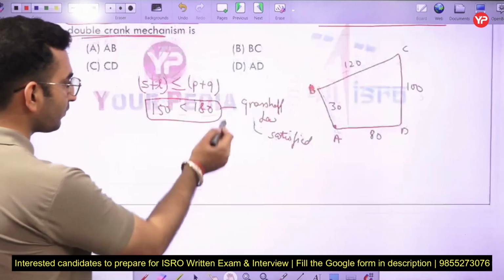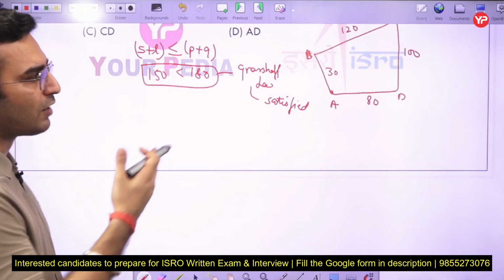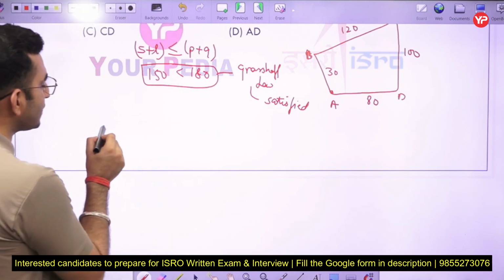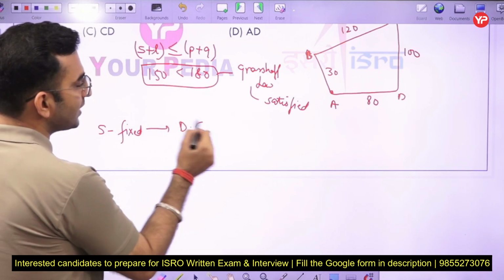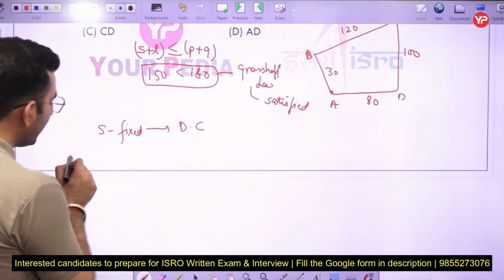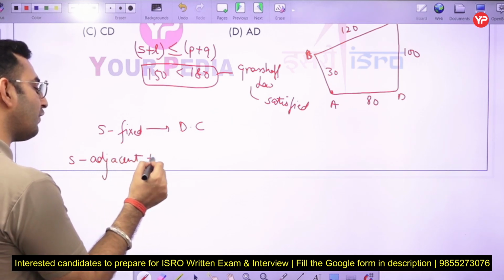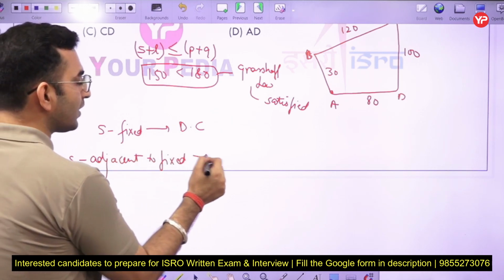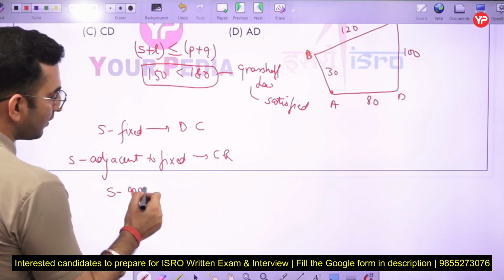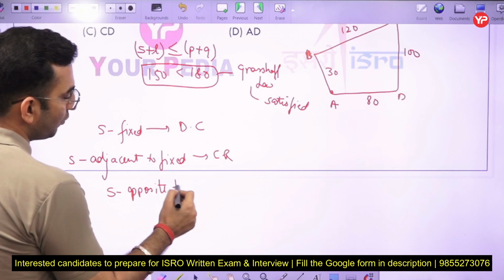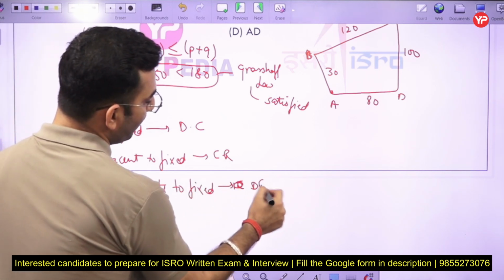Now, in order to obtain the different inversions, we fix different links. First of all, if you fix the smallest link, you are going to have a double crank mechanism. If S is adjacent to the fixed link, we have a crank rocker mechanism, and if S is opposite to the fixed link, we have a double rocker mechanism.